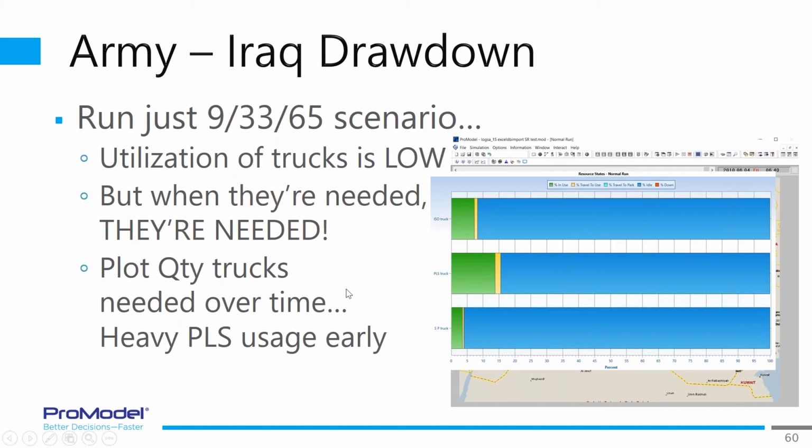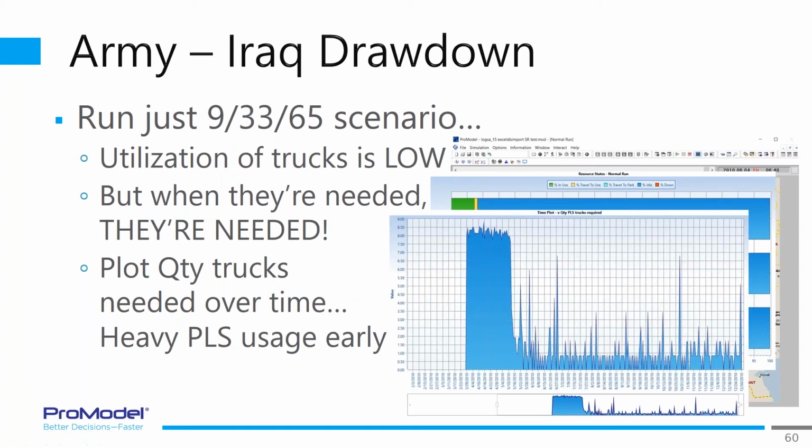And further analysis of that shows that, for example, the PLS, see it says right there, PLS, are needed early in the, well, this is 2010, I'm sorry, not 9. Early in March of 2010, we needed a lot of PLS, and then that need diminished over time.